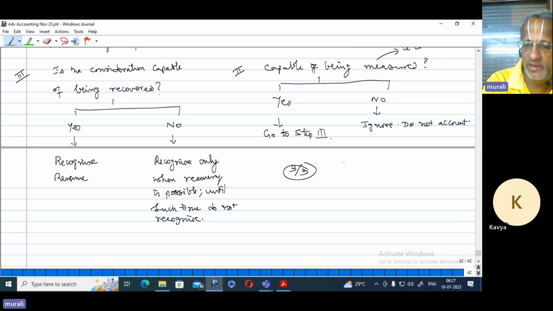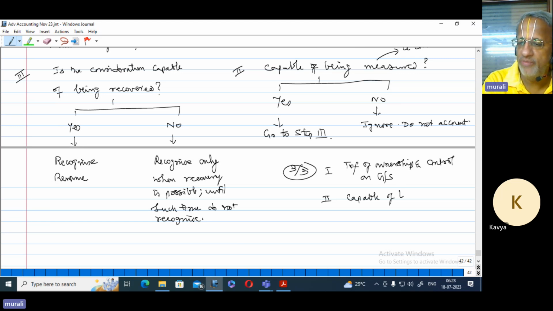What are those? Transfer of ownership and control on goods and services. Number two, capable of being measured.